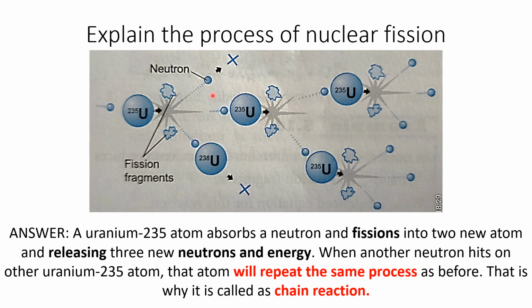The neutrons are over here, and the star shape represents the energy. When another neutron hits other uranium-235 atoms, that atom will repeat the same process as before. That is why it is called a chain reaction.